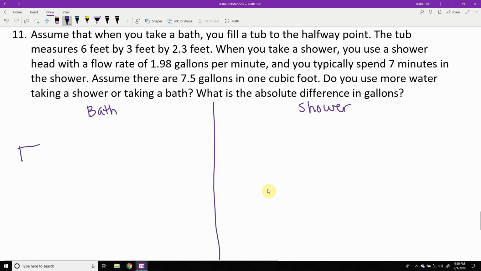So again, forgive my drawing abilities, but we're going to assume that this is our tub, and we've got 6 feet by 2.3 feet by 3 feet, so length times width times height. The volume of our tub is going to be the product of all 3 of those values, length times width times height.